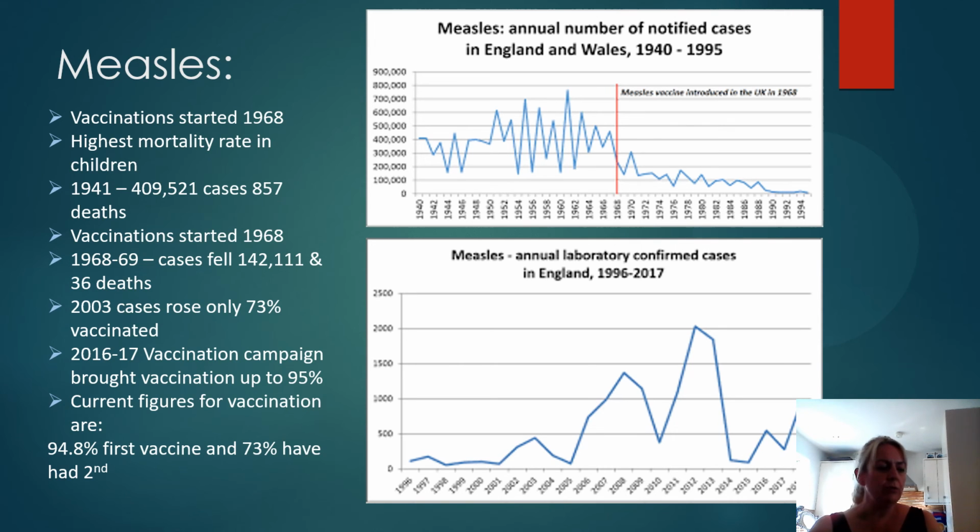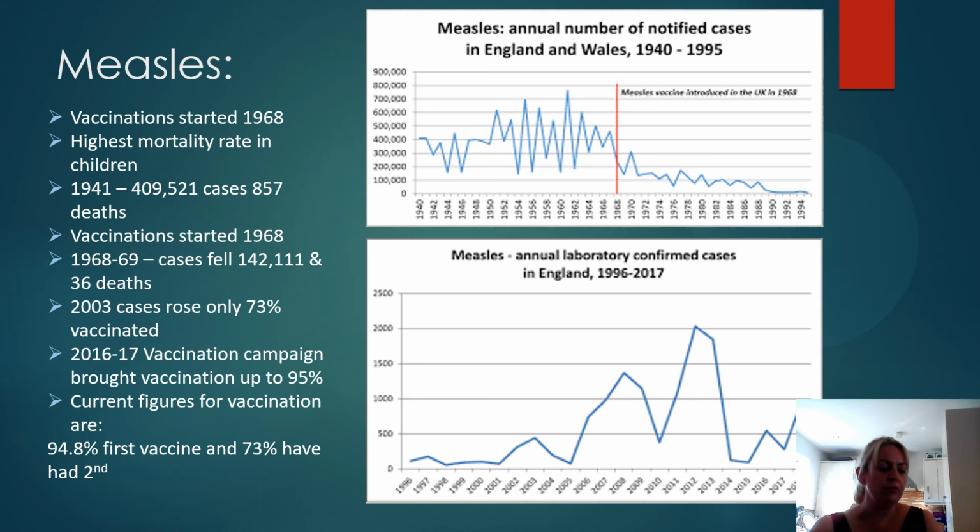In 1941 there were 409,521 cases reported to Public Health England, as well as 857 deaths from the disease. The rates were higher still at 409,715 reported cases and 1,145 deaths reported to Public Health England in 1941.